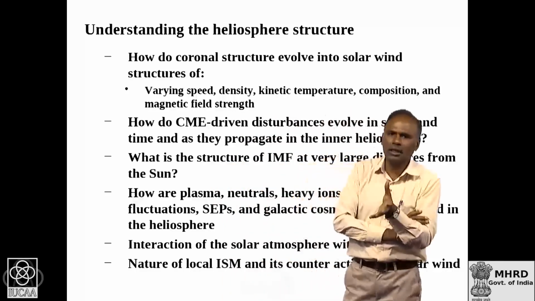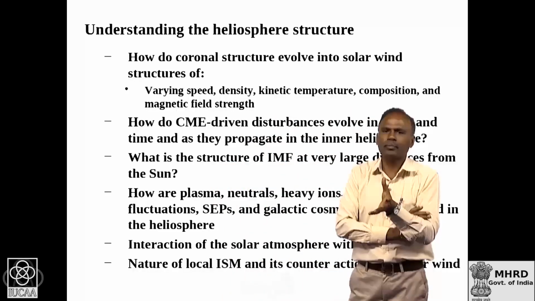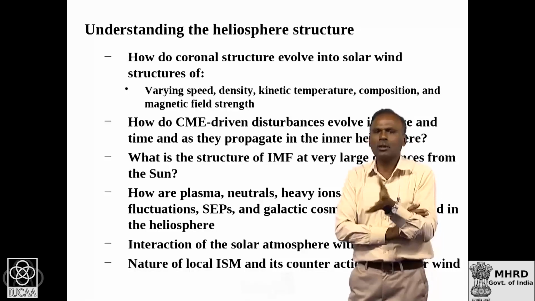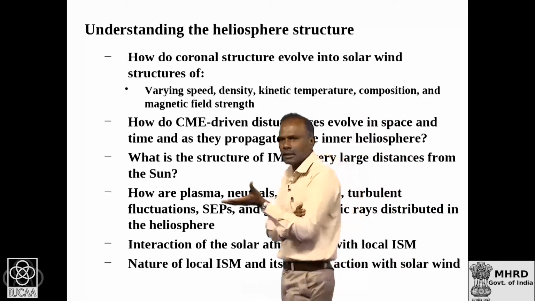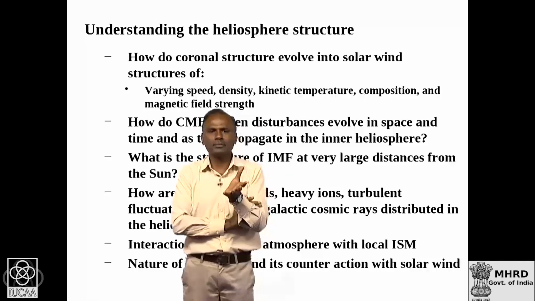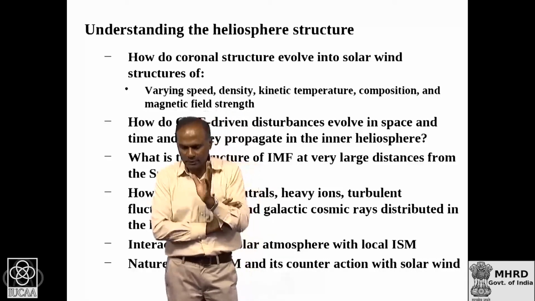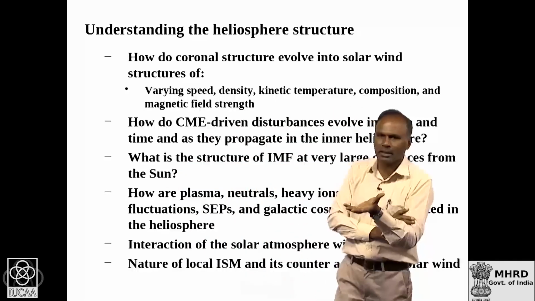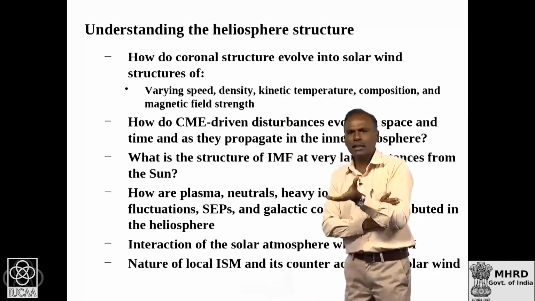So, how does galactic cosmic ray variation vary with the solar cycle, or in association with the interplanetary magnetic field associated with coronal mass ejections or with interaction regions?